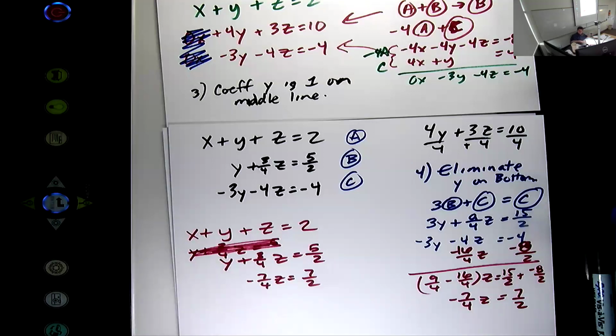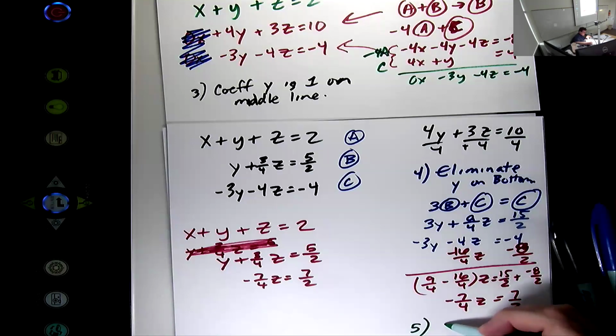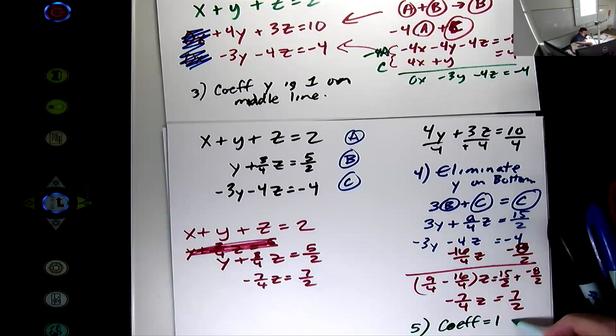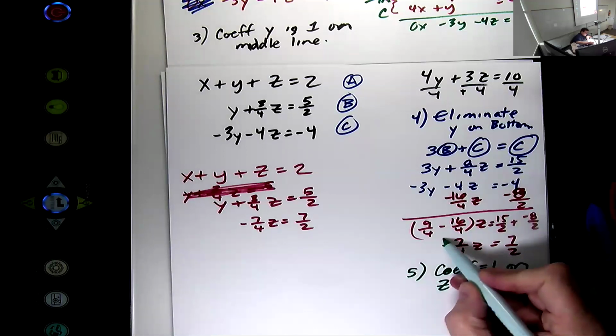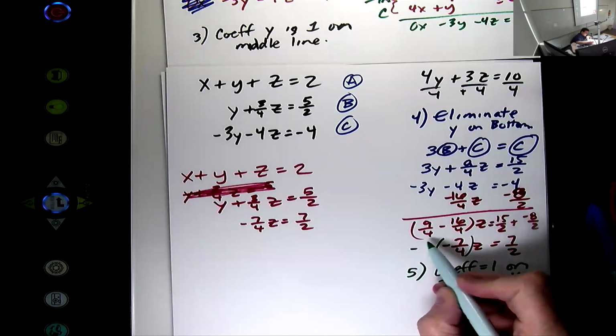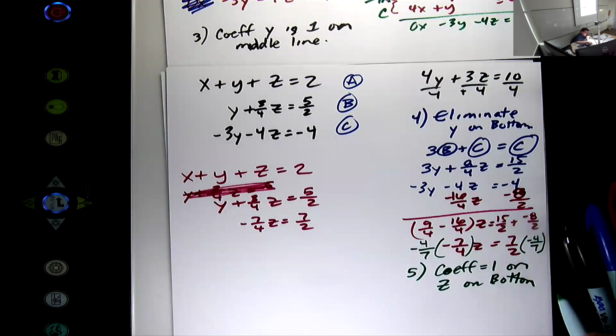Where did my green pen go? So finally, well, not finally, step 5. Coefficient of 1 on z on the bottom. And that's as simple as multiplying this by -4/7 and this by -4/7, multiplying by the reciprocal.